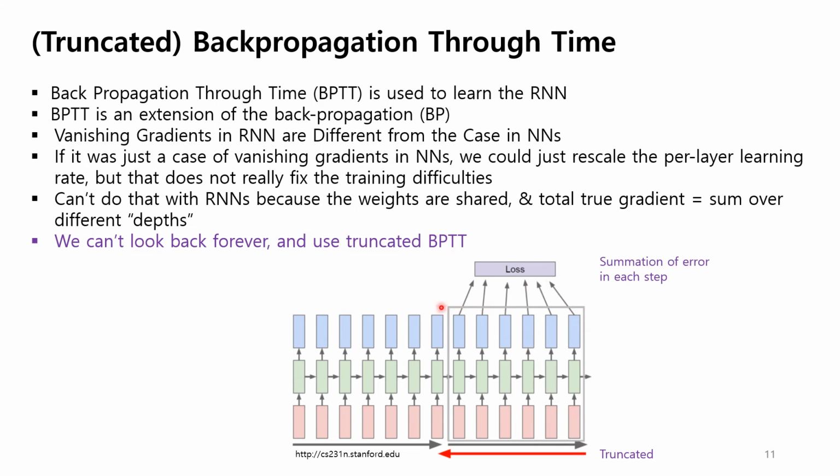Well, gradually it becomes smaller, and basically nothing happens way back here. The same thing happens in a neural net. If you have many hidden layers, near the upper layer there are quite some changes, right?